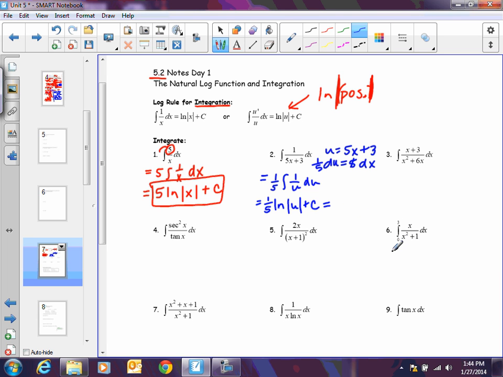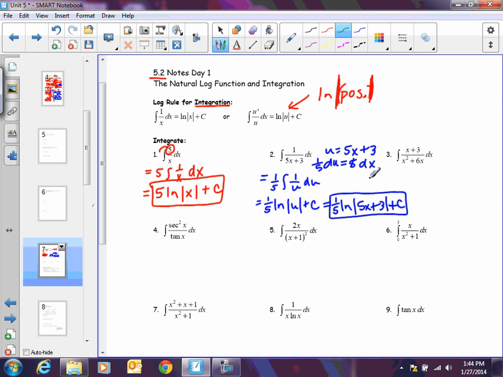You're not going to end in x or u, you're going to end with a number. But if you start with x's, you got to end with x's. So 1/5 natural log of 5x plus 3 plus c. If our answer doesn't have the absolute values, that would be bad, right? You need to have it. It's not fully correct unless you have the absolute value bars there.